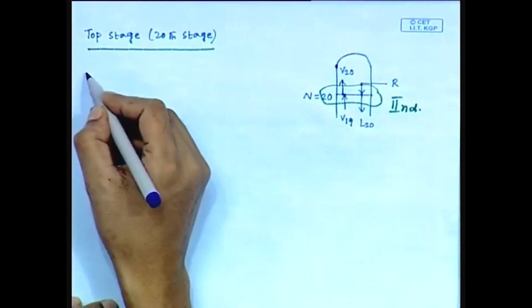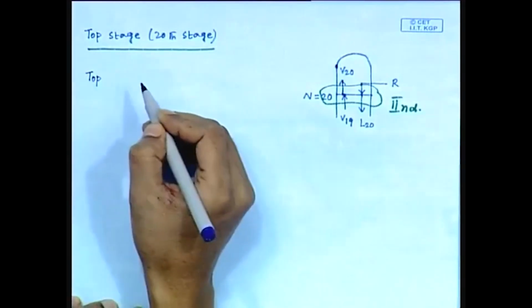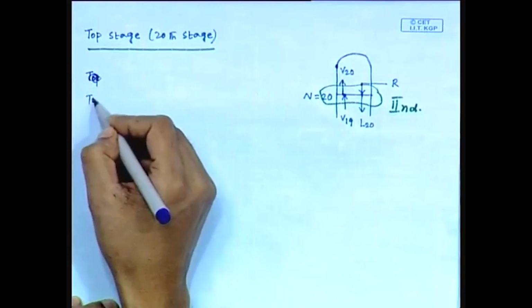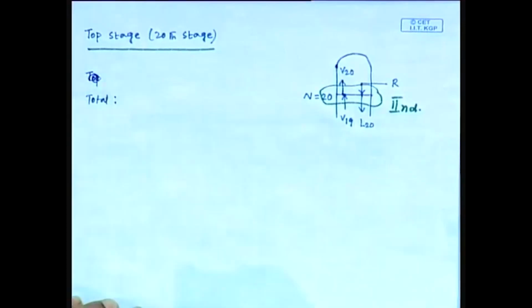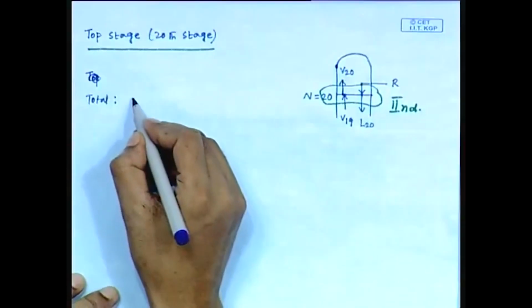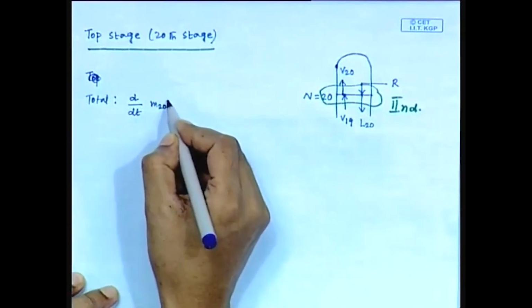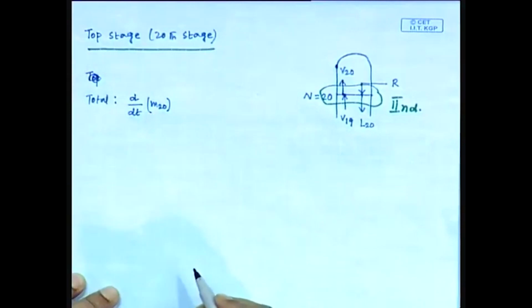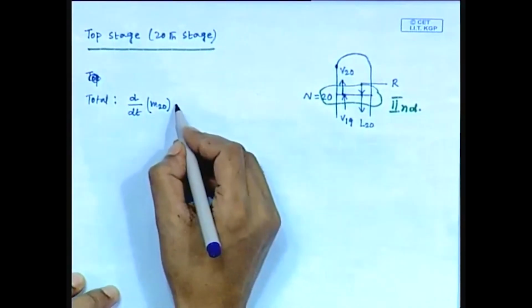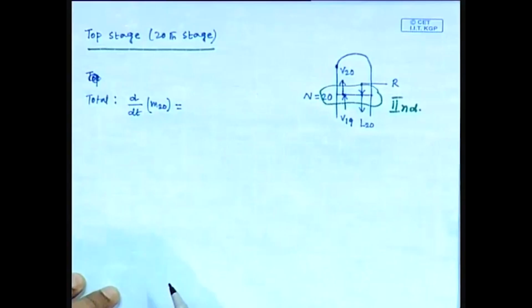Similarly, we have to develop the total mass balance equation. For this 20th stage, we will consider the liquid holdup as M20. Then d/dt of M20, which is basically the accumulation term, equals the input flow rates.